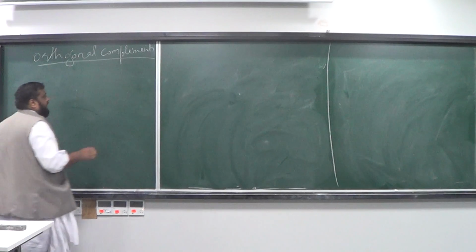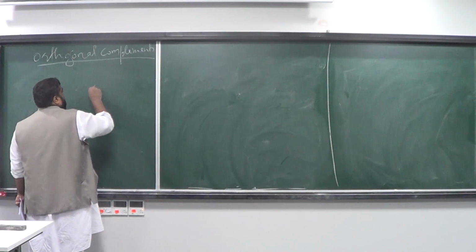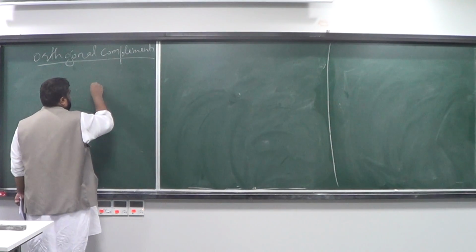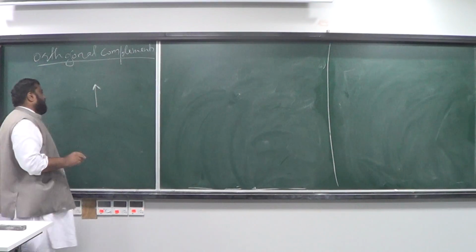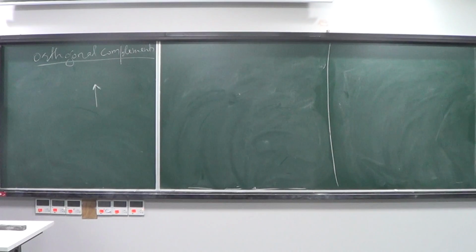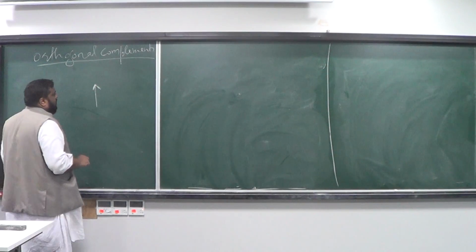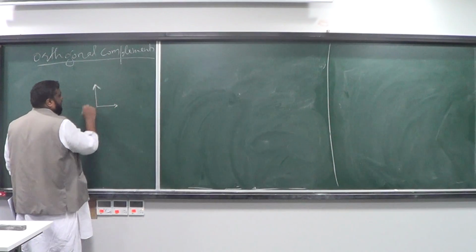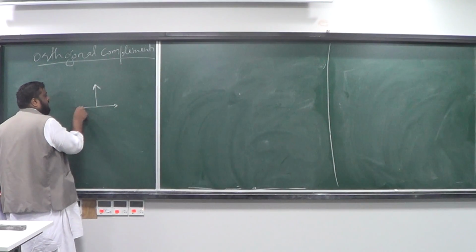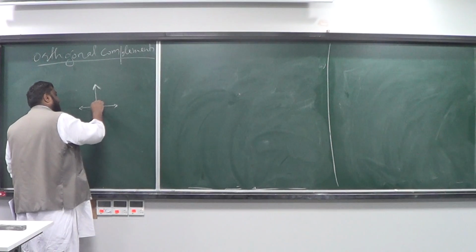Now consider a vector in a space. On this vector you can have a lot of vectors which are perpendicular to each other. For example, this is one vector that is perpendicular to this vector, this is another vector that is perpendicular to this vector, this is another vector.